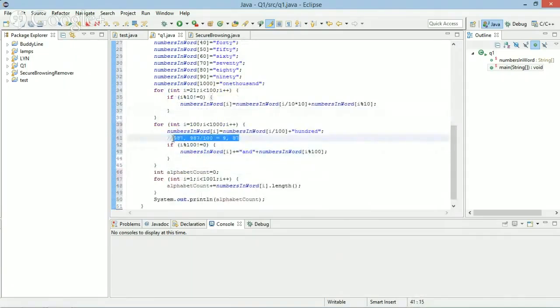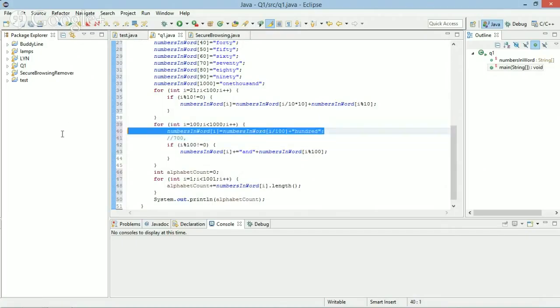If the number is like 700, it will calculate the number into 7, so we will get seven hundred. After that, there's no remainder after dividing, it is 0, so we are going to ignore the "and".